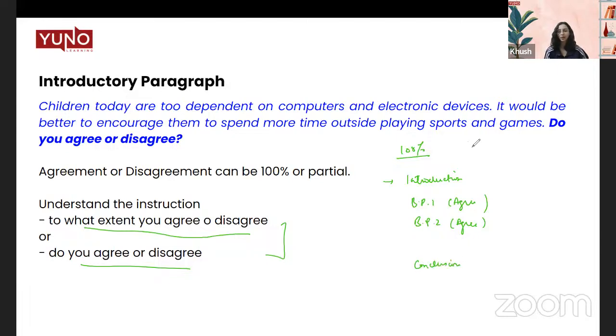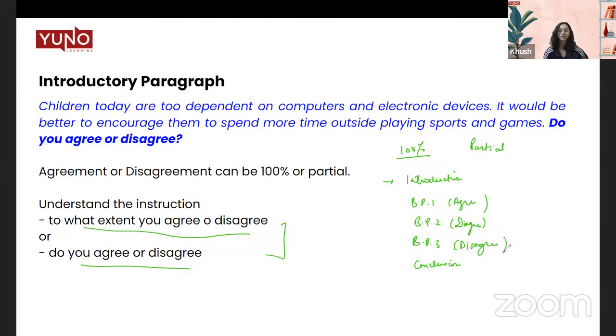Now, if I do a partial agreement, depending upon your stance, if you let's say disagree more, then we will have a body paragraph of agreement, same. But body paragraph 2 will become about disagreement. Since we are disagreeing more than agreeing, we'll have body paragraph 3 again about disagreement.